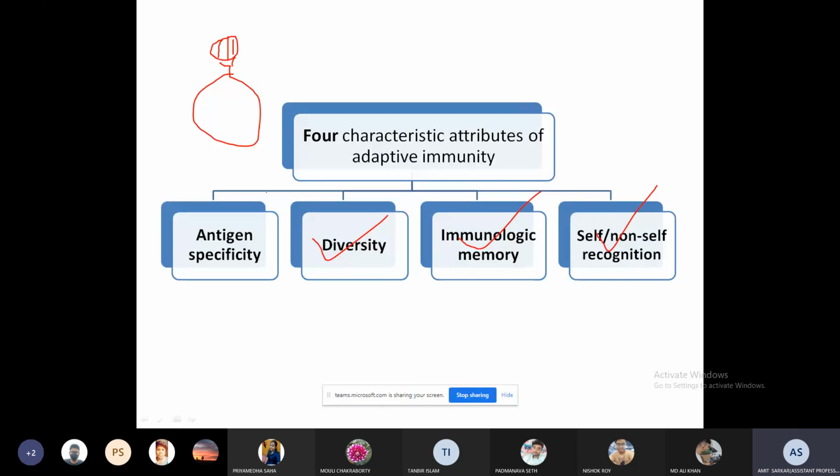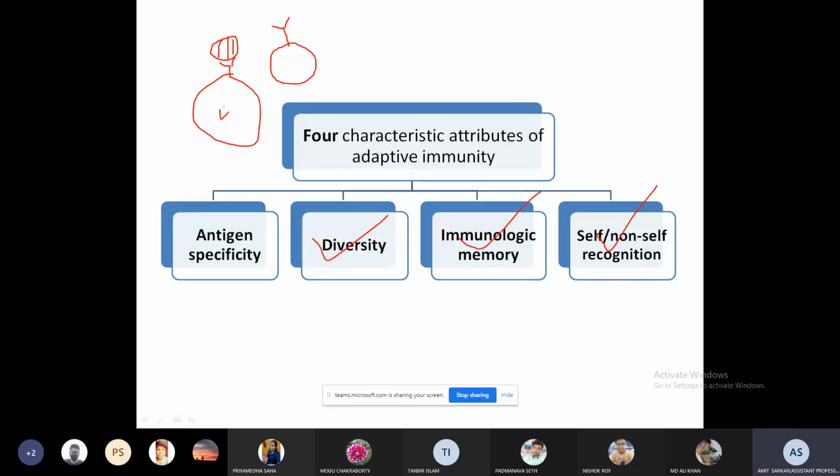And of course, the specificity. So this guy is specific to this. Unless this thing comes, he'll be useless, will not do anything. But another B cell, similarly another antibody molecule, a membrane molecule, will never touch this antigen. Will never be able to bind to this. Okay. So you can think about that.